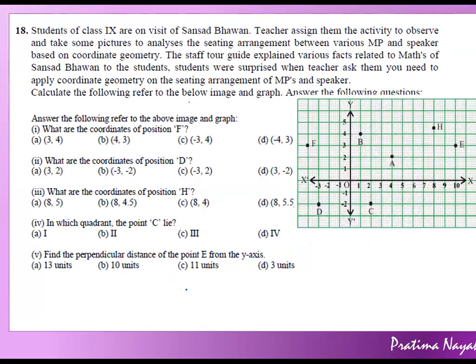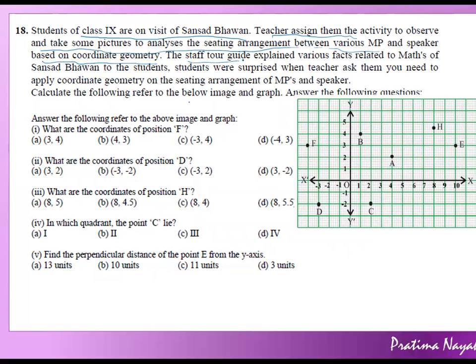Now coming to question number 18. Question number 18 is based on graph. Students of class 9 are on a visit to Sansad Bhavan. Teacher assigned them the activity to observe, take some pictures of, and analyze the seating arrangement between the various MPs and speaker based on coordinate geometry.